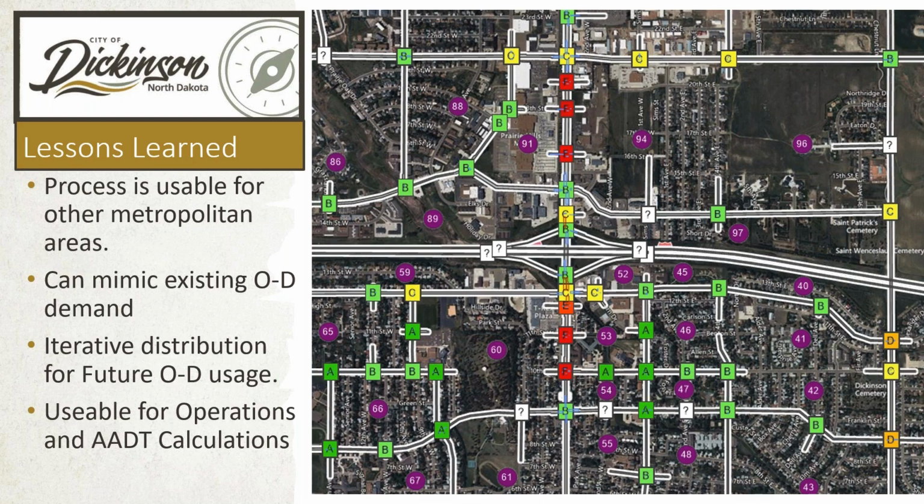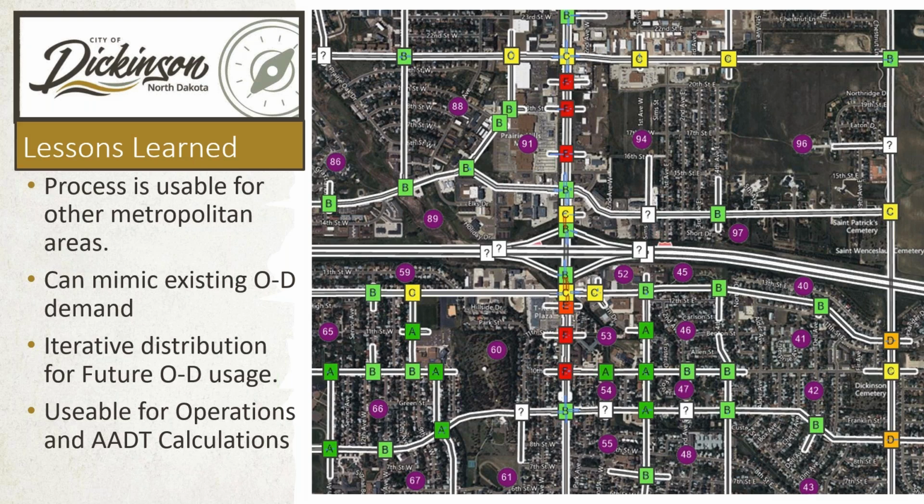So it was very easy utilizing OpenStreetMaps to import in that base model of intersections, going through numbering them in a succinct way so that we could do quality checks more efficiently and get that base model set.